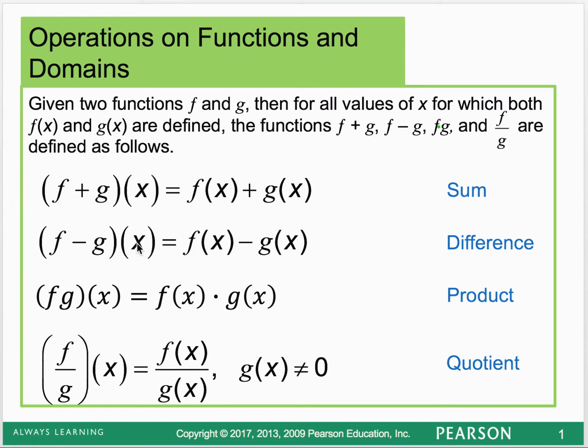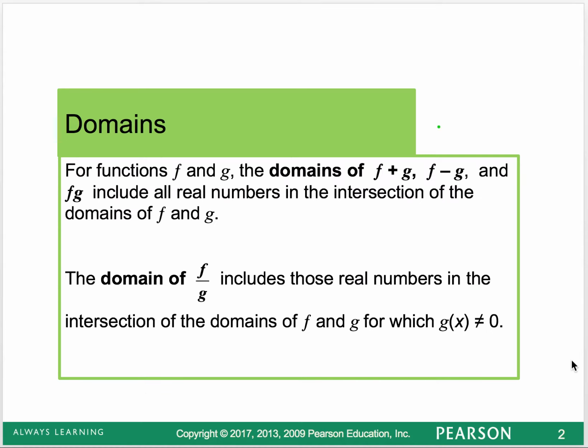F minus g of x, we take the function f of x, whatever it is defined as, and then subtract g of x from it. Same for multiply and divide. It's really, really basic. If you saw these things, it's exactly what you would do normally without any instruction. So let's look at that.